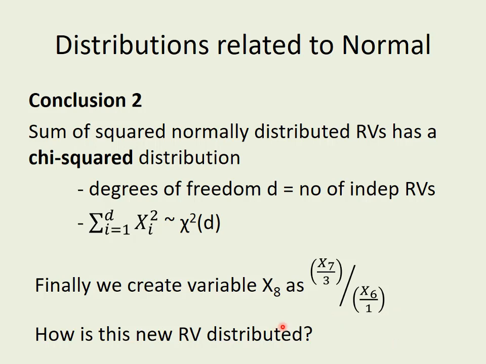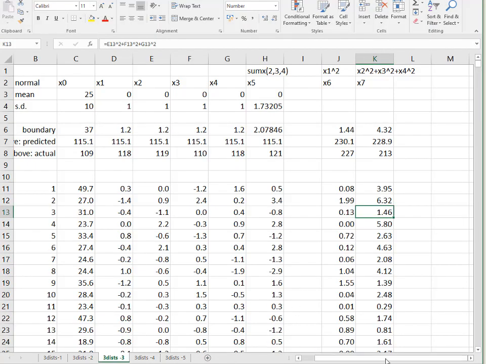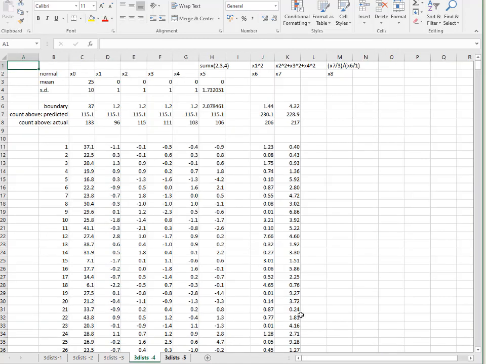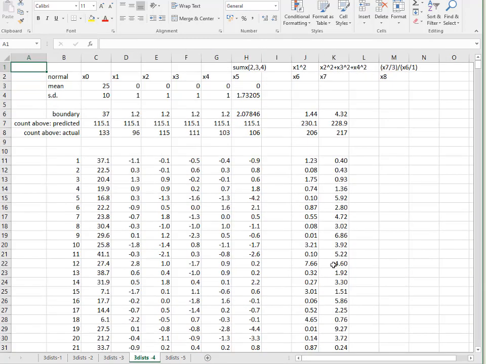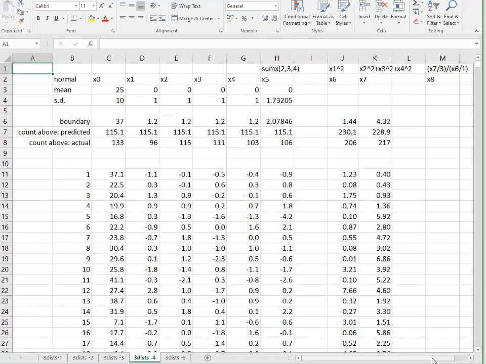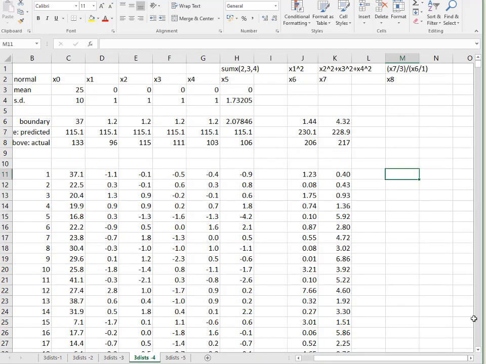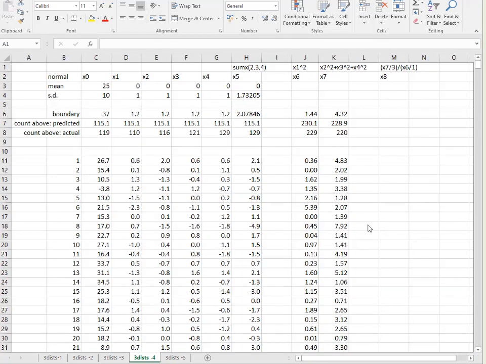So how is this distributed? Let's go and see. There's the result of the chi-squared one, and the final column is going to be generating a new variable. Here we're going to enter a formula which is a little bit more complicated.